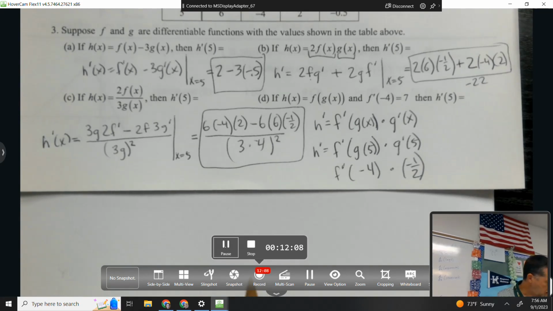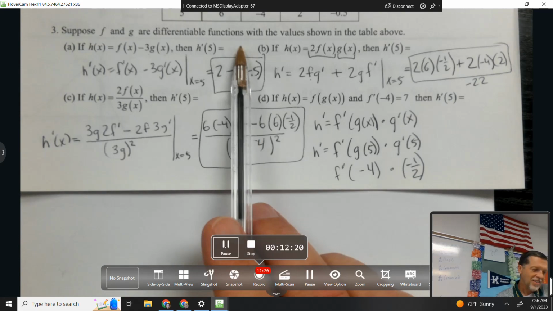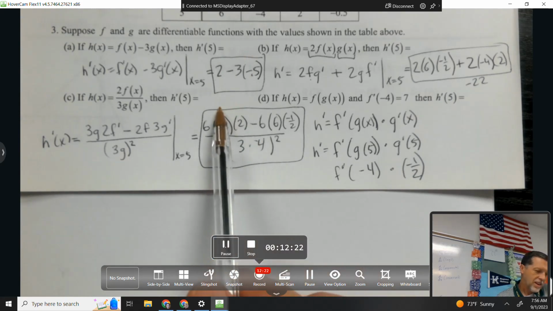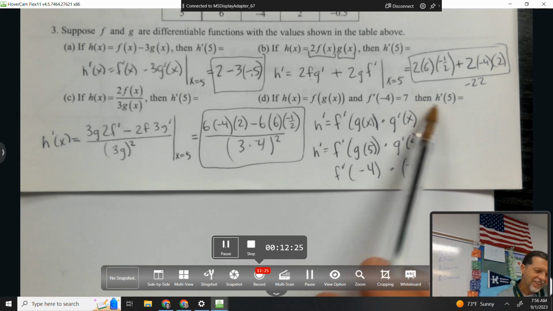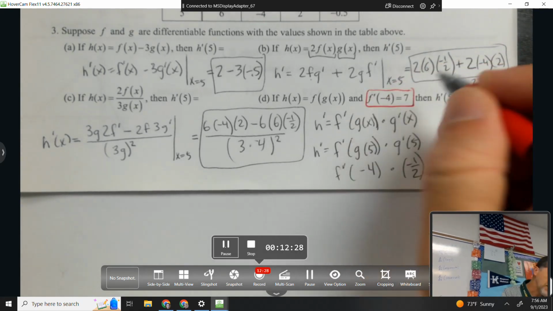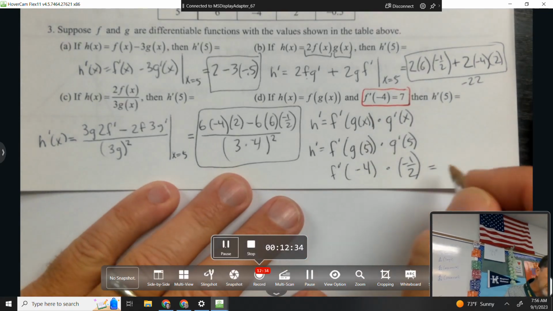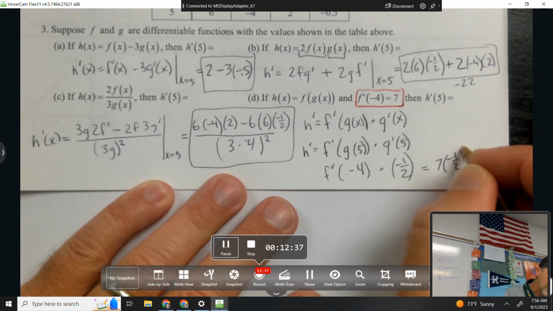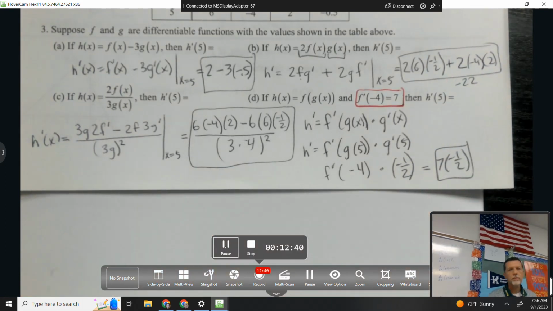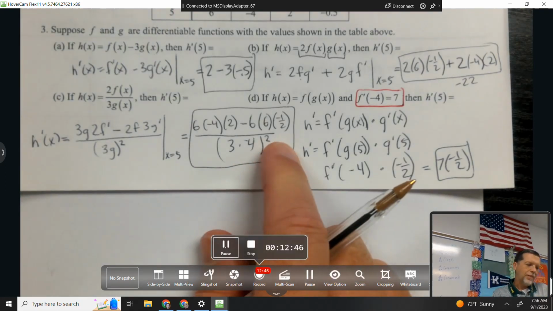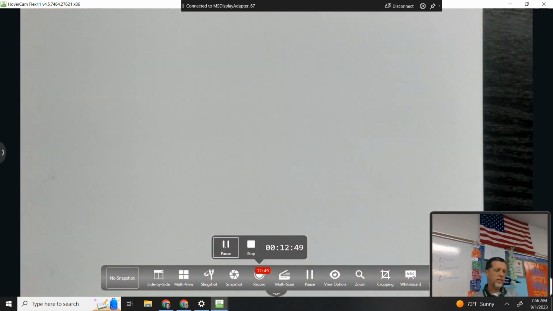And what about f prime at negative 4? I think somebody left some information off our table. What's that? Oh, right here, yes, there we go. Read the question. F prime at negative 4 is 7, which seemed weird. Why is that even in there? But now I know why it's in there, because we needed it. So 7 times negative 1/2, and that's our answer. Again, we kind of know how to do that already, but more practice.